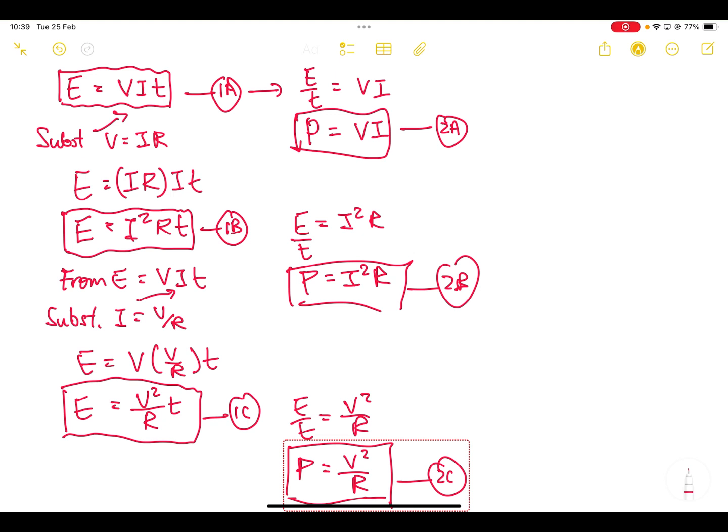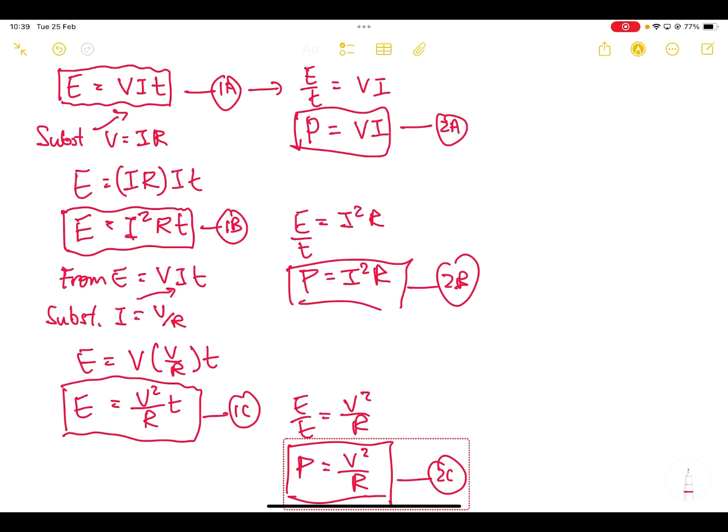If you memorize one set, the other set is easy. You can memorize the power set and just add a T behind to get the energy, or memorize the energy set and just remove the T to get the power. This set of formulas, you need to remember how to use.